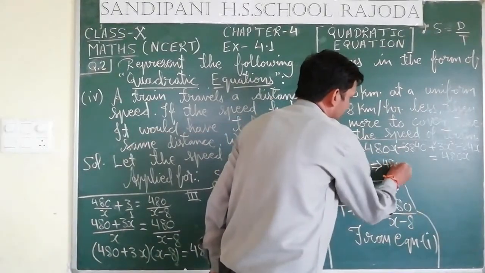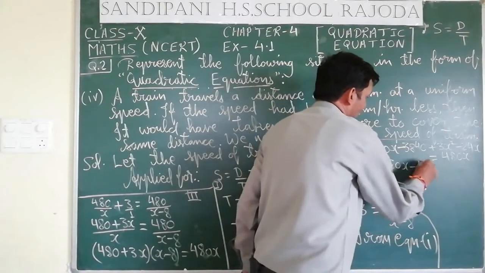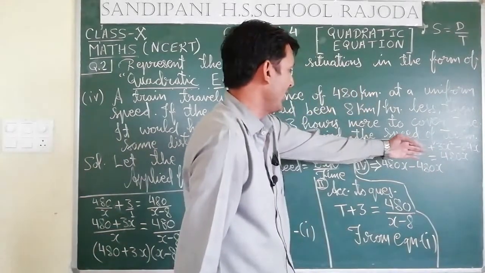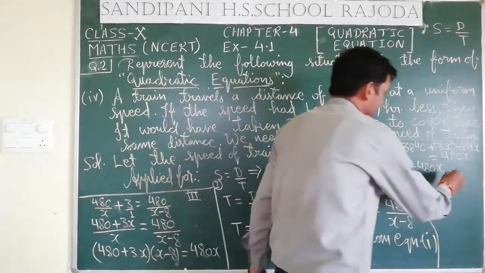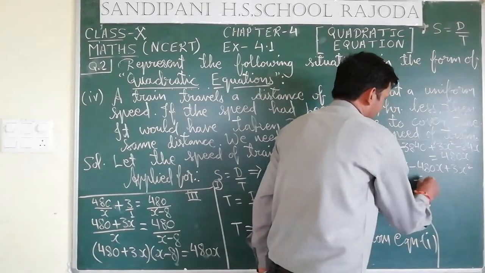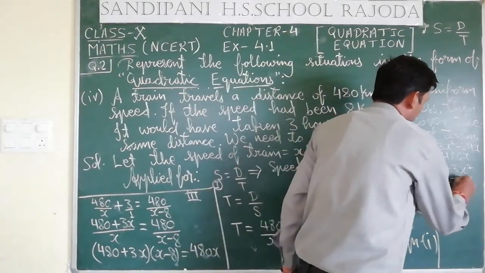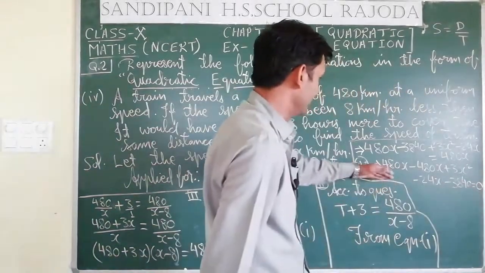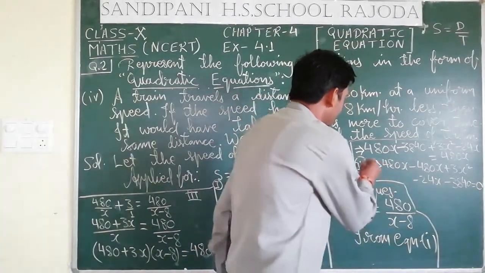So now 480x minus 480x, this 480x is transposed from RHS to LHS. So 480x minus 480x plus 3x square minus 24x minus 3840 is equal to 0. See, this is the complete step. It implies that symbol, mention each and everything.